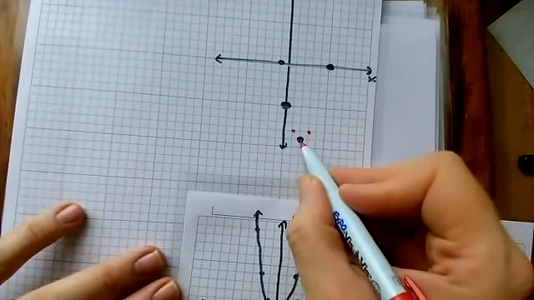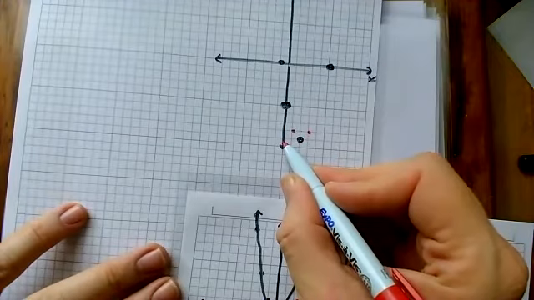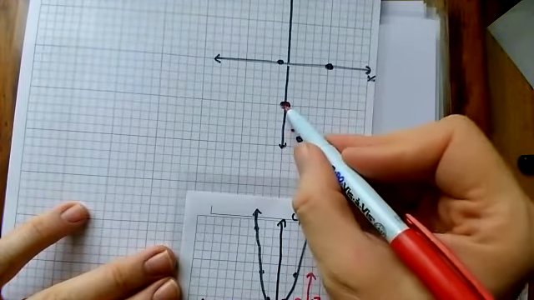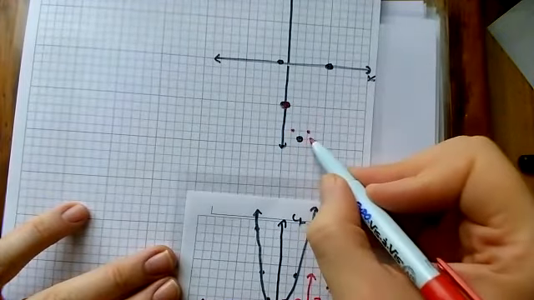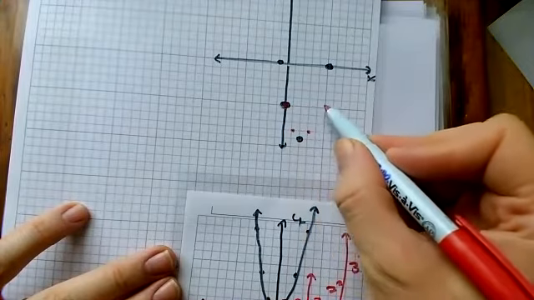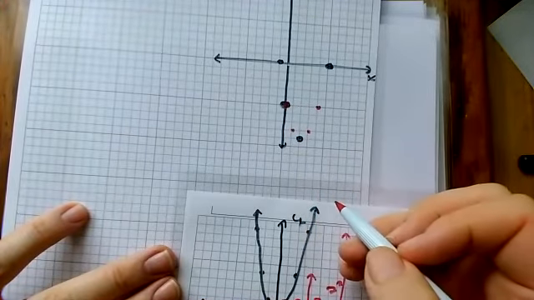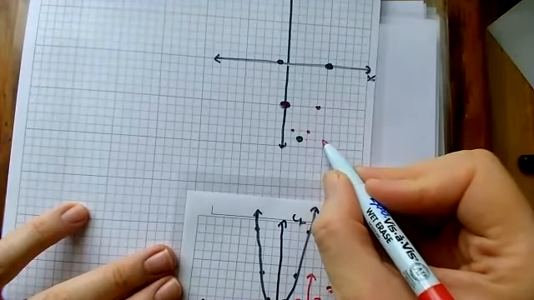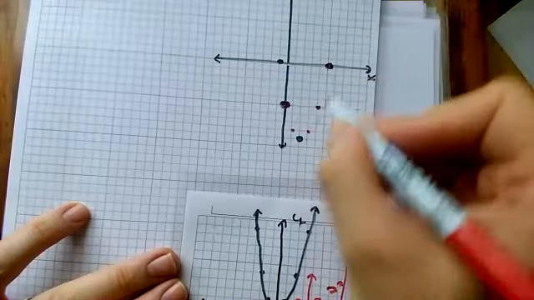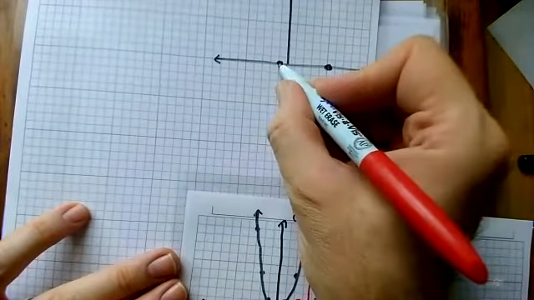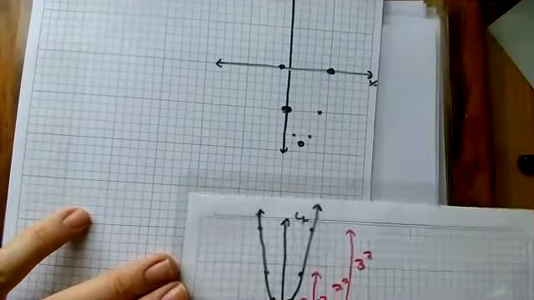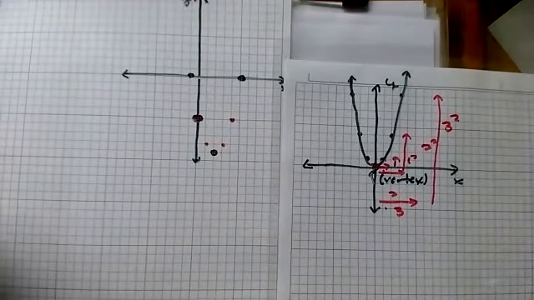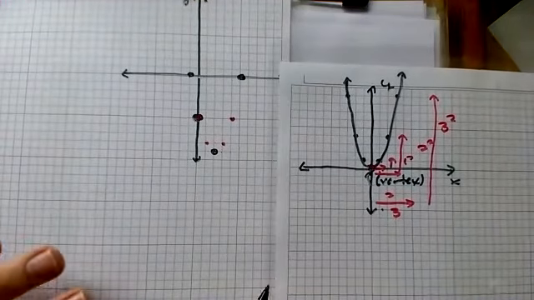If it moved out 2, it would move up 2 squared, 1, 2, 3, 4, which is exactly where we have that. If it moved out 3, it would move up 9, here or here. These shapes are always going to be exactly the same wherever a is equal to 1.